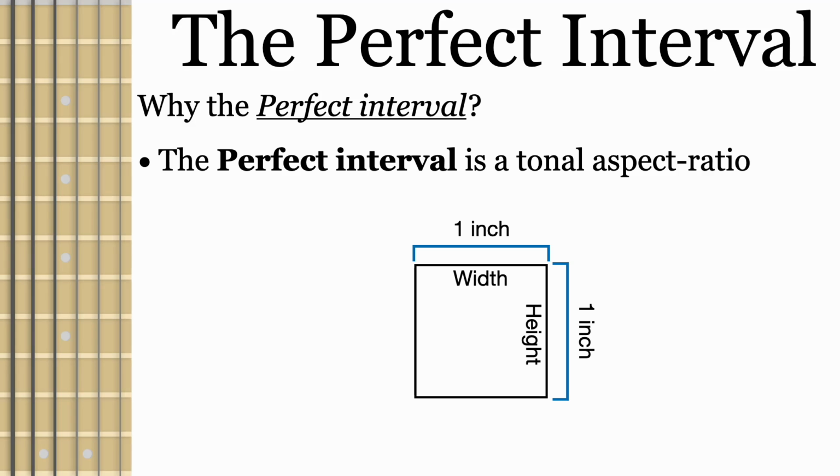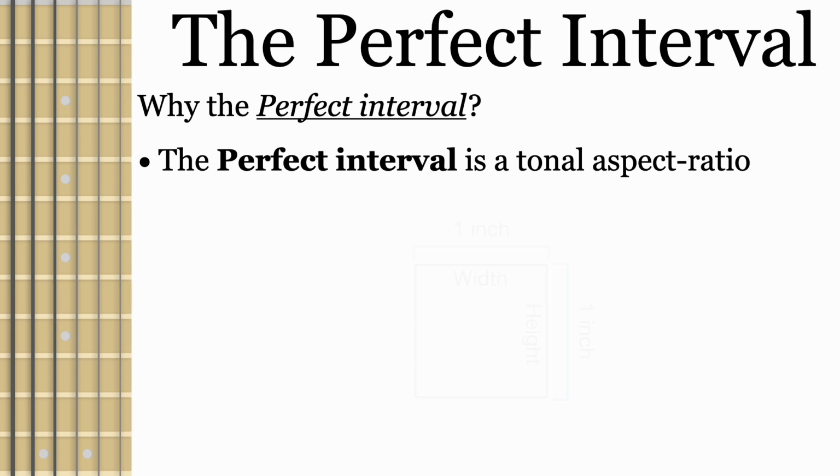But what's more important here is that the width and the height are equal. So no matter what, if we keep this square in this perfect 1 by 1, what we call that is an aspect ratio of 1 by 1. Meaning for every 1 unit across in the width, we have an equal 1 unit in height, right? And in this case, our unit is an inch. Again, it could be a mile, it could be a kilometer, it doesn't matter. It's a 1-to-1 aspect ratio.